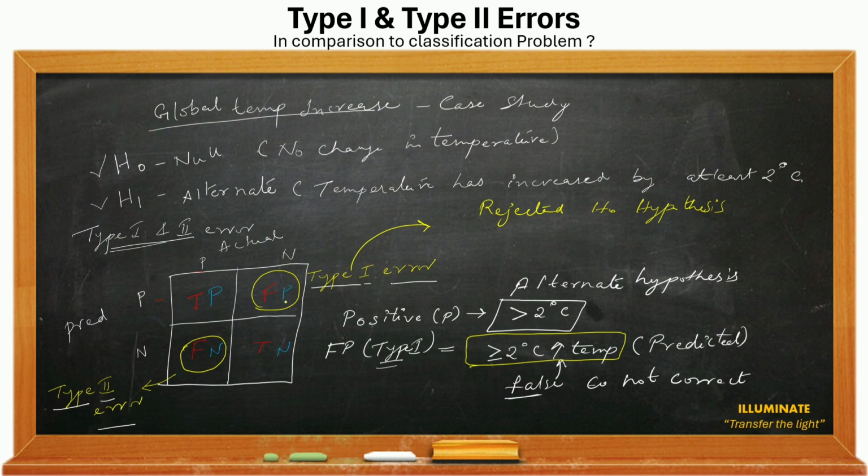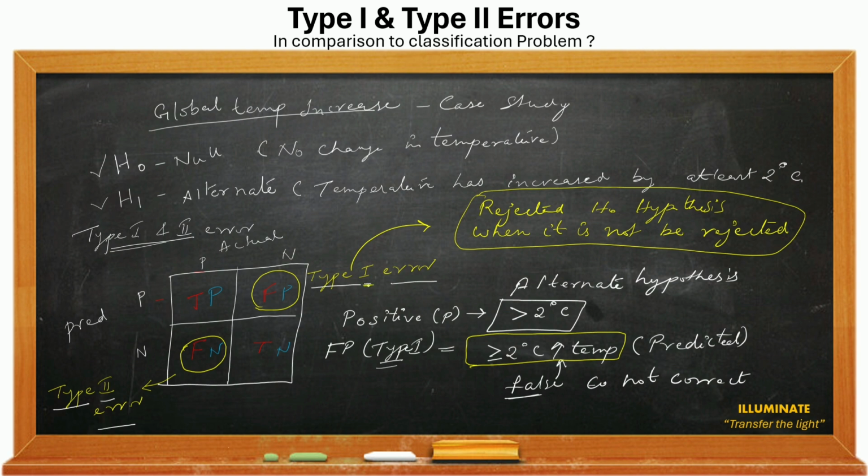That means we have rejected the null hypothesis when it was not to be rejected. Actually we had rejected the null hypothesis. So this part of it is what is false positive. This is the type 1 error that we are making.